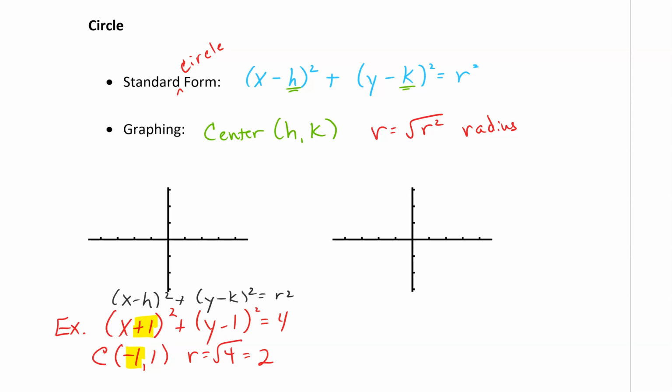But then the key thing for you to do is always to graph your center first. So I go -1, 1. Then we go the distance of 2 away, to the right, to the left, up and down. And if I was in class, I'd go dance to the right, 2, go to the left, 2, go up, 2, go down, 2, just to kind of make a point with this. But I'll just do it here.